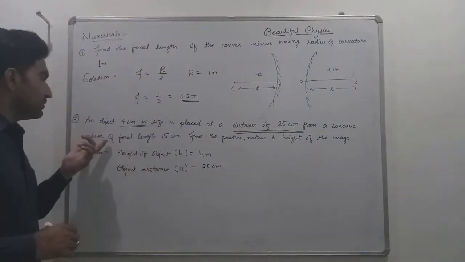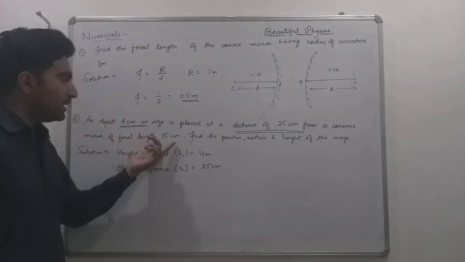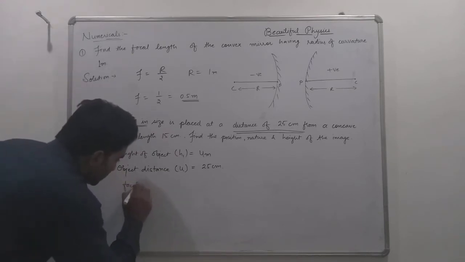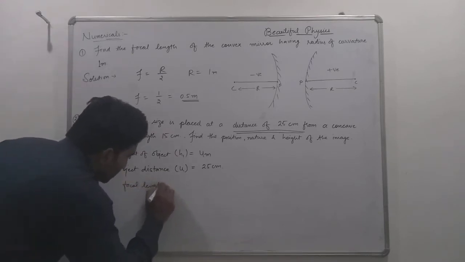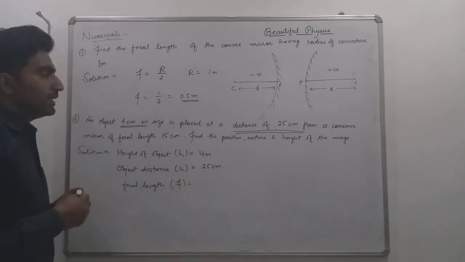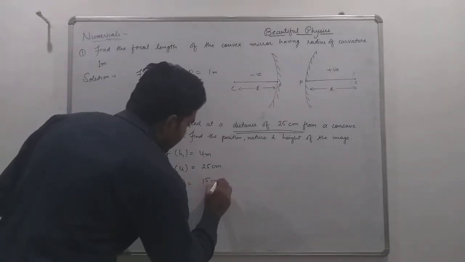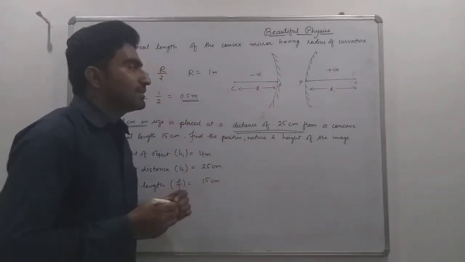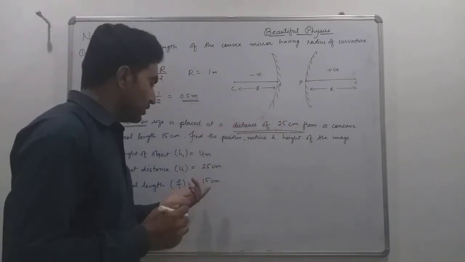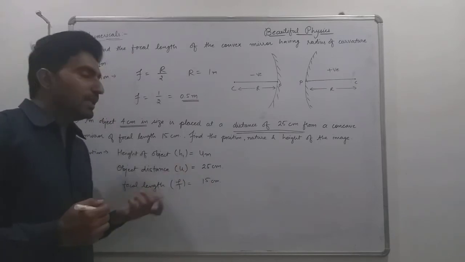The object is placed in front of a concave mirror of focal length 15 centimeter. The focal length of the concave mirror is 15 centimeter, and we have already discussed that the focal length of a concave mirror is negative, so 15 centimeter will be negative.